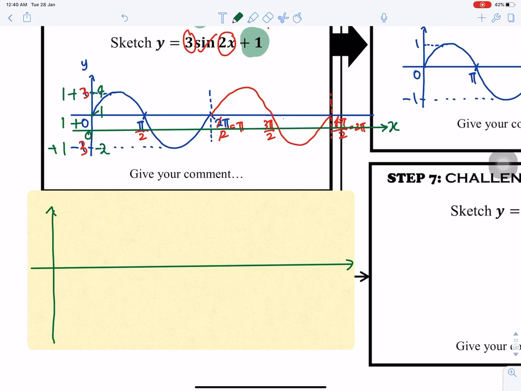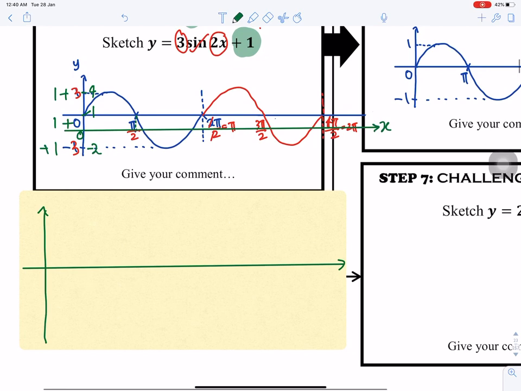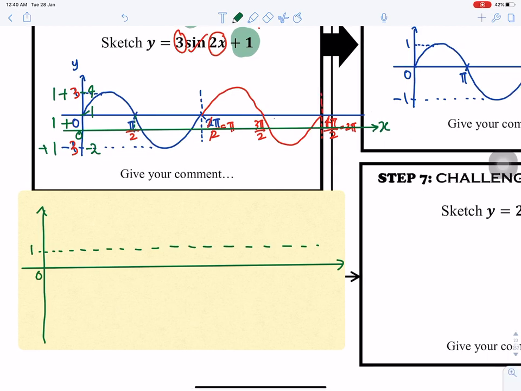Alright, so as you can see, this is the line for 1, 0 and -2. Okay, so now we draw according to the graph that you sketched.